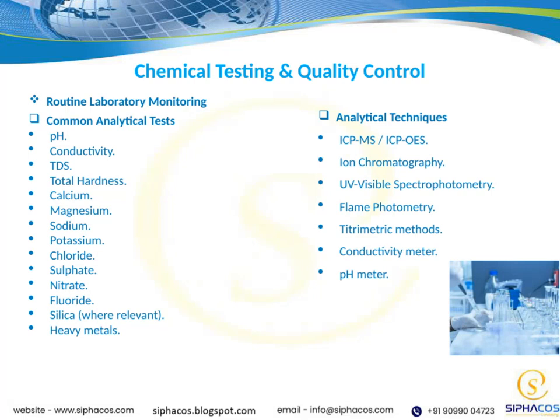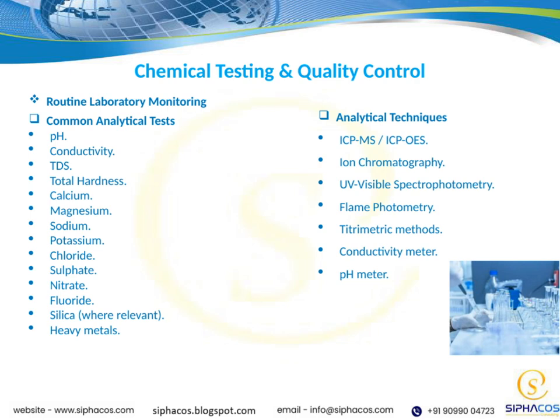When it comes to chemical testing and quality control, we rely on a range of analytical techniques. These include methods like ICP-MS and ICP-OES for elemental analysis, ion chromatography for separating ions, and UV visible spectrophotometry to measure light absorption. We also use flame photometry, titrometric methods, conductivity, and pH meters to keep a close eye on water quality.